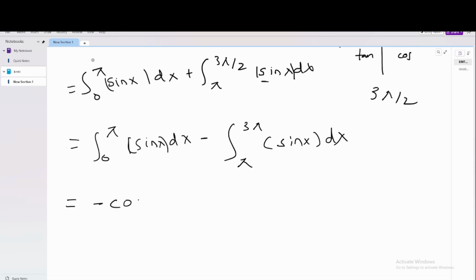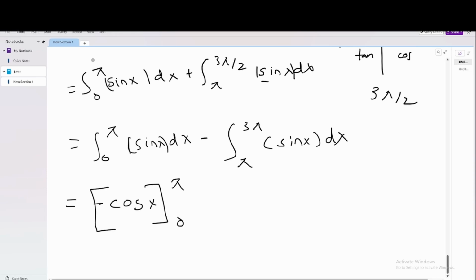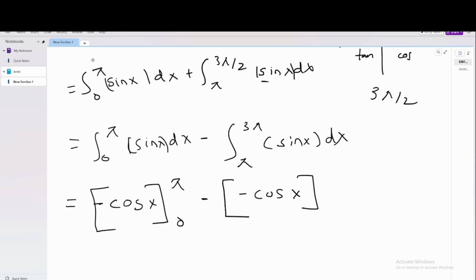Minus cos x from 0 to pi, minus cos x from pi to 3 pi by 2.